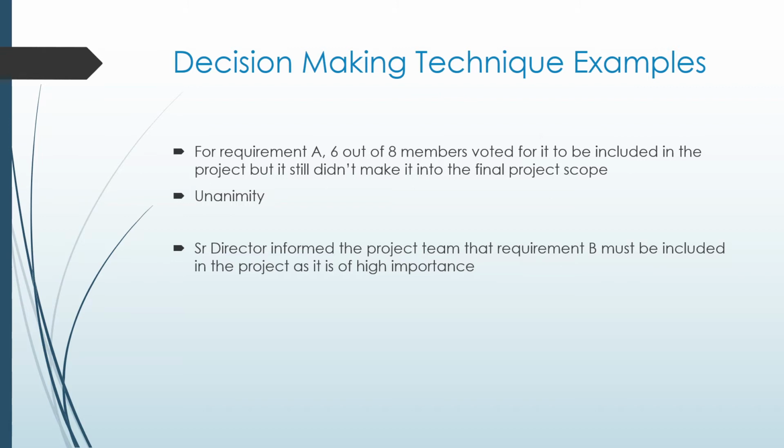There's an email or a word from the senior director, and he is also using the word must. So someone at a very high position is using the word must. That means by all means you need to include requirement B in your project scope.